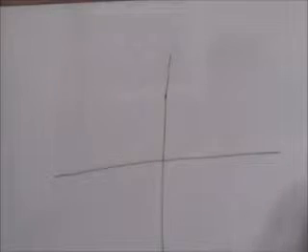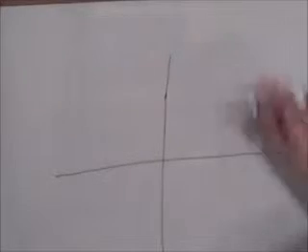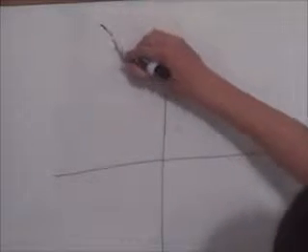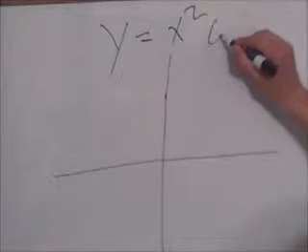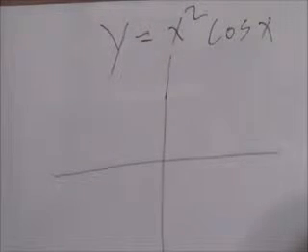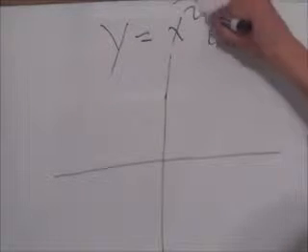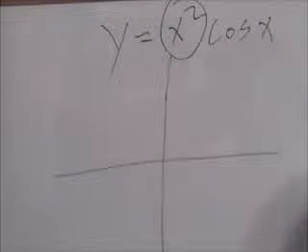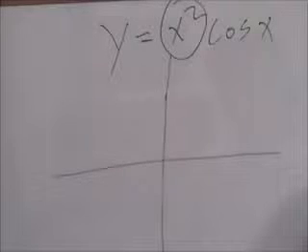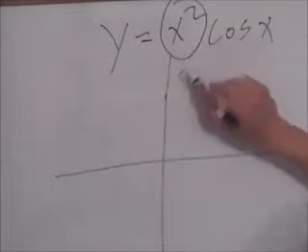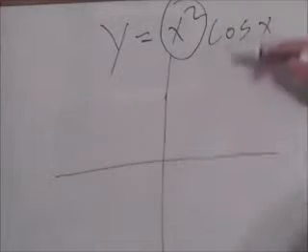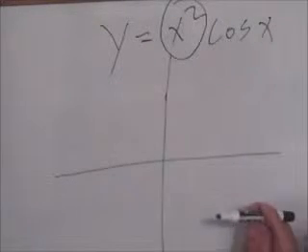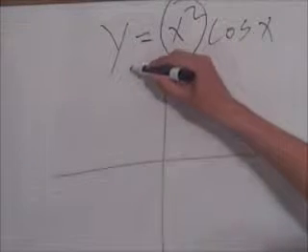So an example of damped oscillation would be like the function y equals x squared cosine x, and the dampening factor in this case is x squared. You can always spot damped oscillation by looking for anything in the a value of the original function that will alter the amplitude progressively.